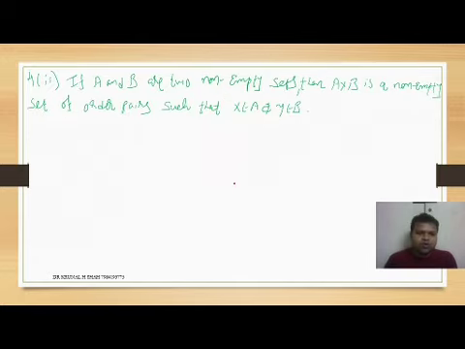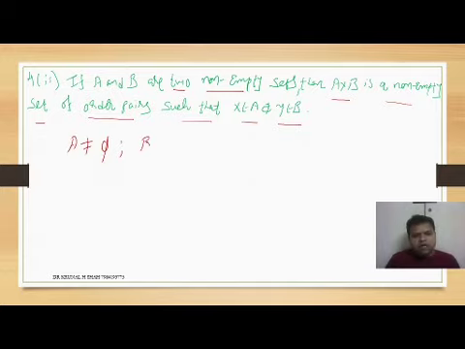Question number 4, the set. If A and B are 2 non-empty sets, then A cross B is a non-empty set of ordered pairs such that X belongs to A and Y belongs to B. Okay, here A is not equals to null set, B is not equals to null set.